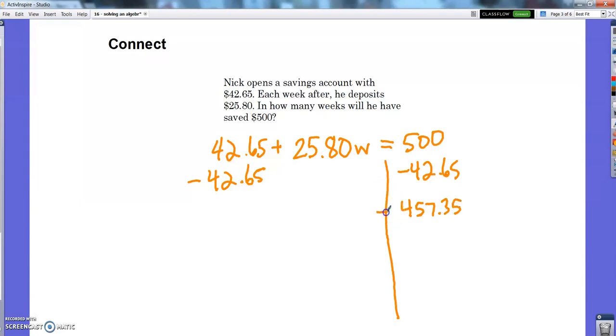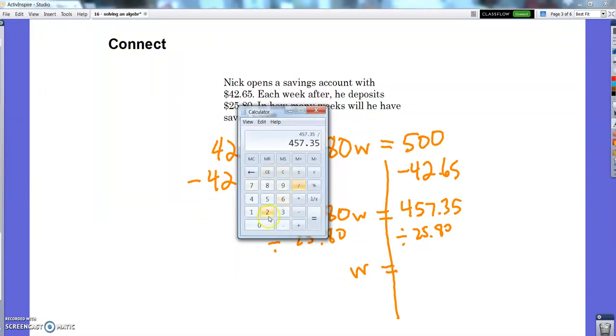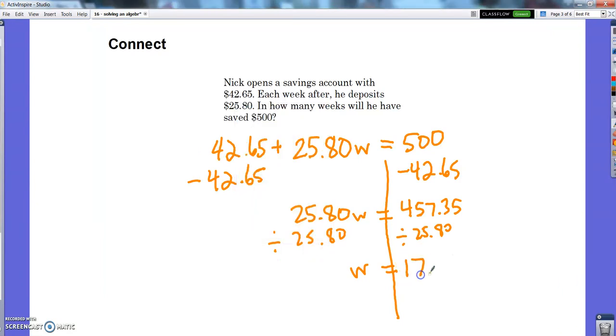That's how much he's got to save, and he's going to do that at a rate of $25.80 per week. So if I divide both sides by $25.80, then I get the number of weeks equals 17 and a little bit. So more than 17 weeks, less than 18 weeks. All right, so we've solved that problem several times.